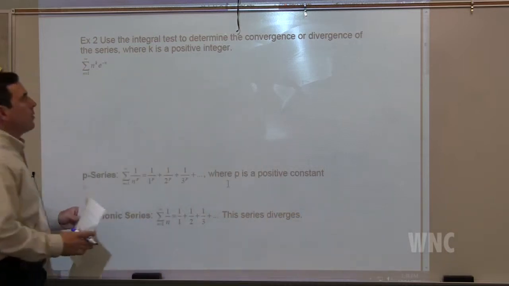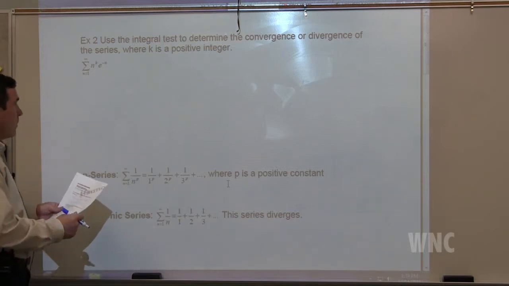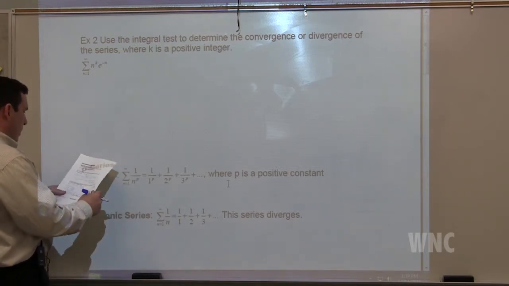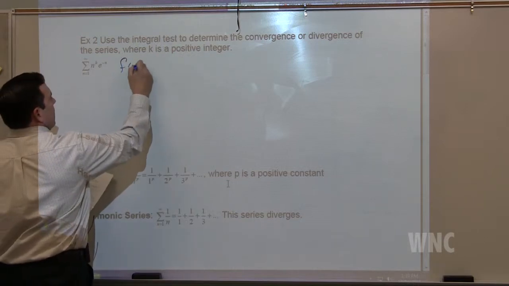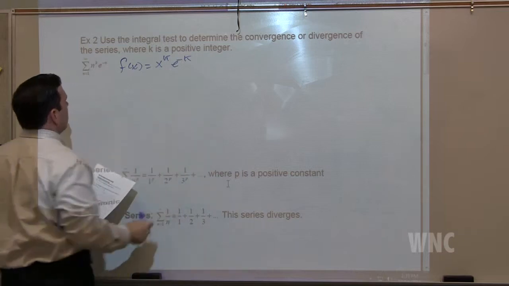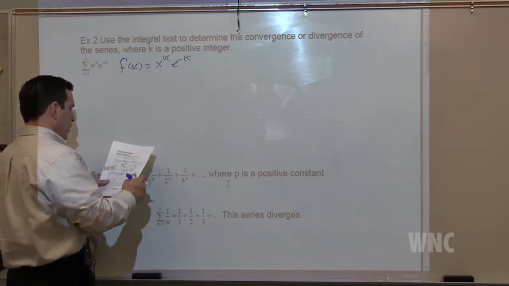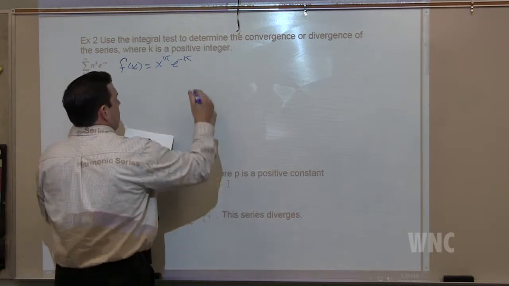Okay, use the integral test to determine the convergence or divergence of the series where k is a positive integer. Okay, so we're going to be saying f of x equals x to the k e to the negative k x. So a couple things.